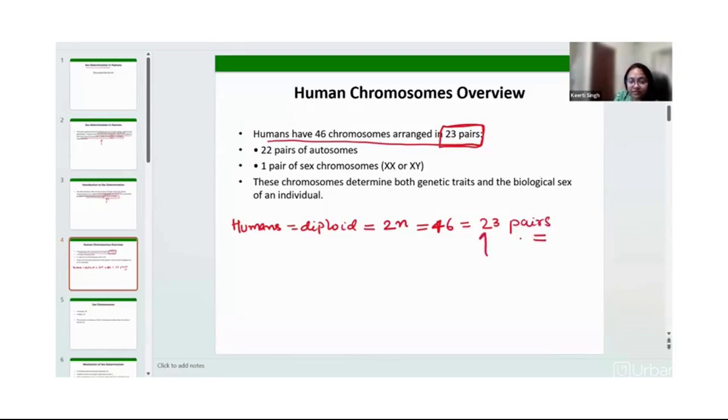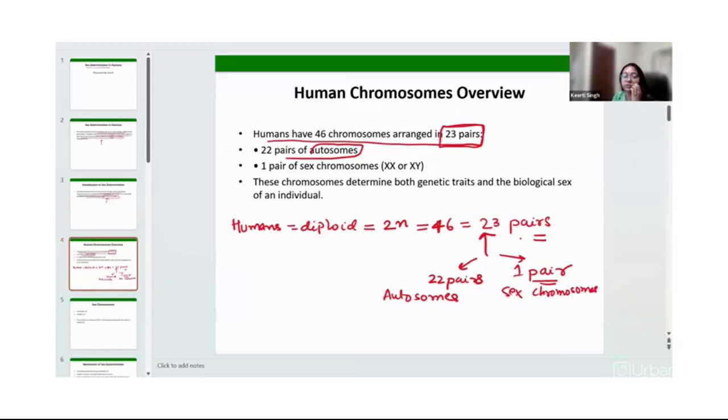In these 23 pairs, 22 pairs are known as autosomes. And the remaining one pair is known as sex chromosomes, because this one pair will actually determine the sex of a child.